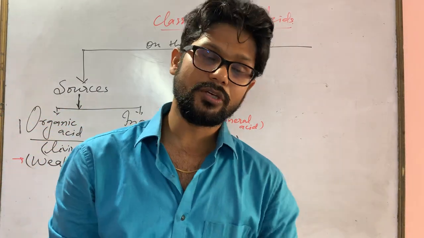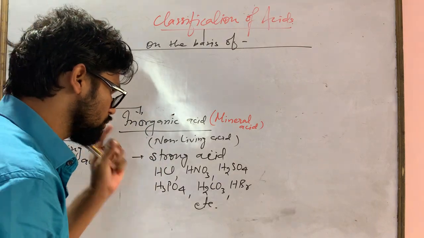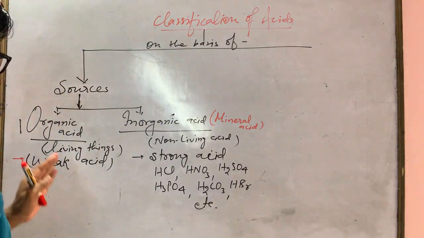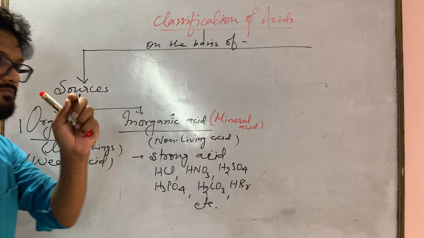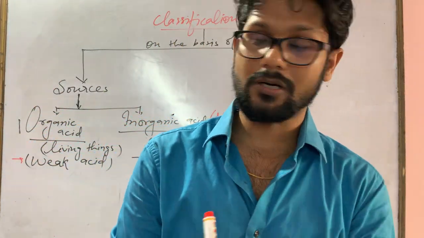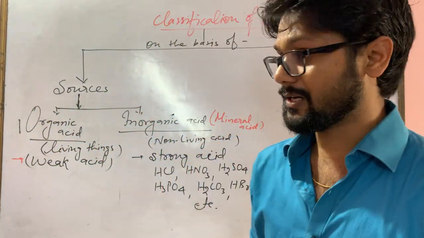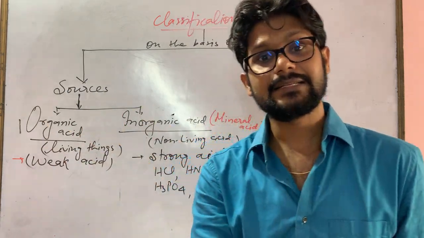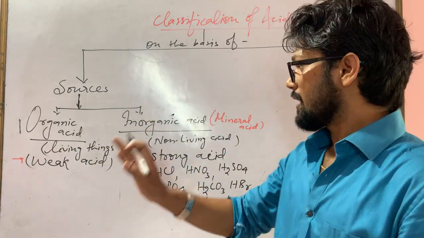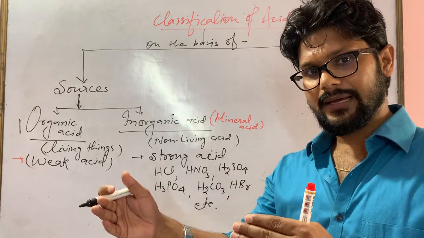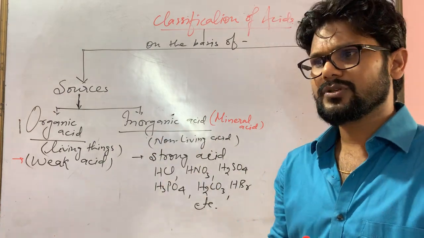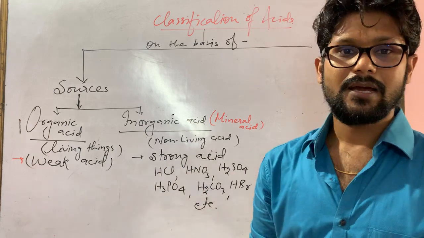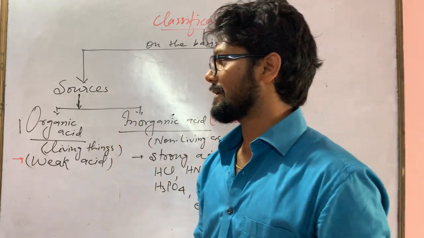But one more thing you have to know from this classification is that all organic acids must contain carbon. Inorganic acids may or may not. In most cases they don't contain carbon, but all organic acids contain carbon.